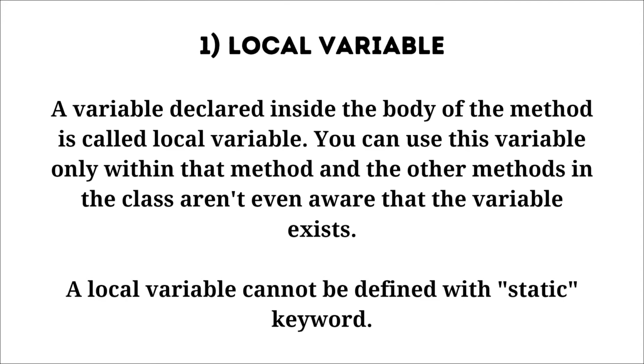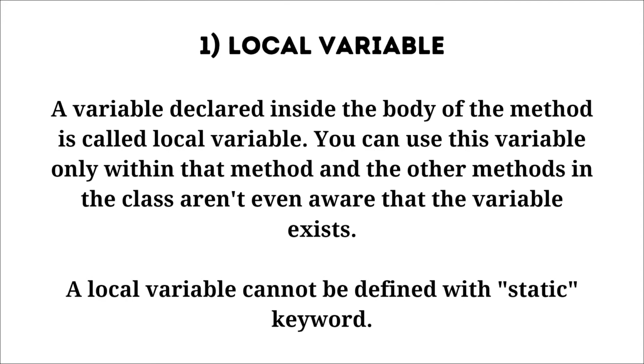If we create any method, and inside that method we create any variable, like an integer, a string, or anything, that variable lives within the method, and the other methods in the same class will not be aware of it.